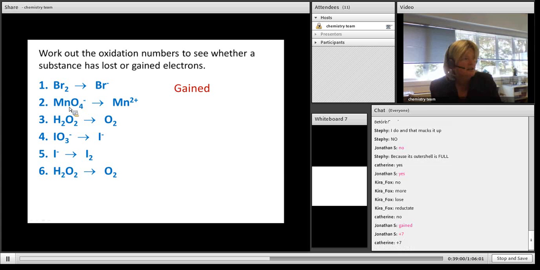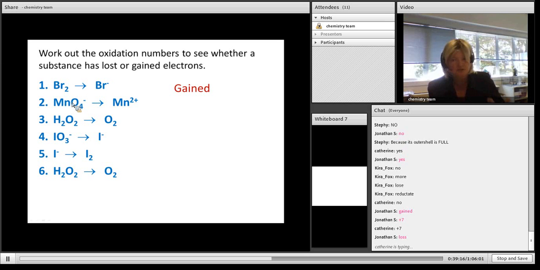Permanganate. Does anybody want to work out the oxidation number of manganese in permanganate? Okay, it's +7, correct. So if you're not sure how to work that one out, try and work it out. I don't want to slow the lesson down too long. You can always review the lesson and look at it. So it's gone from +7 to +2. Has it lost or gained electrons?